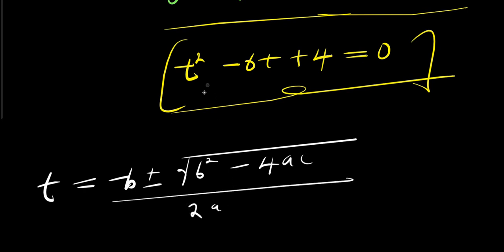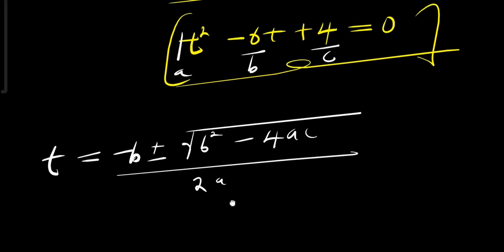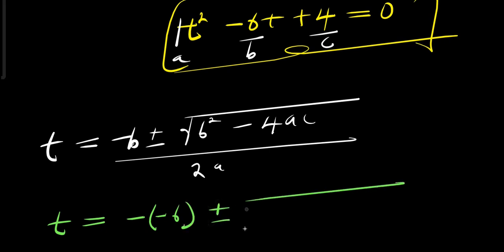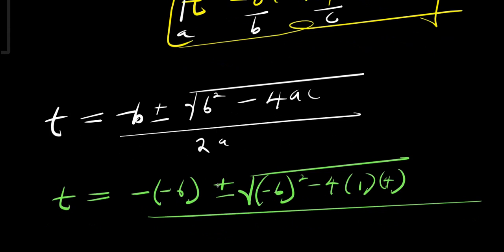So from here, we can find the values of a, b, and c. The coefficient of t squared is my a, this is my b, and this is my c. So I'm going to insert it right here. That means t equals negative b, negative negative 6, plus or minus square root of b squared, that's negative 6 power 2, minus 4 times 1 times 4, that's c, divided by 2 times a.